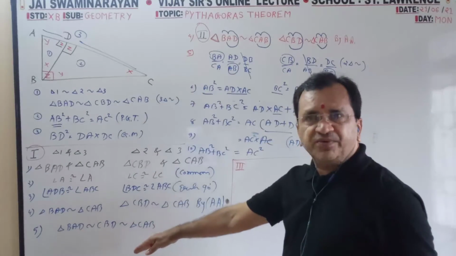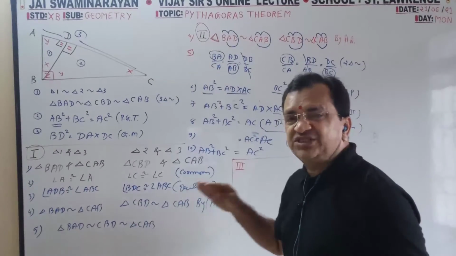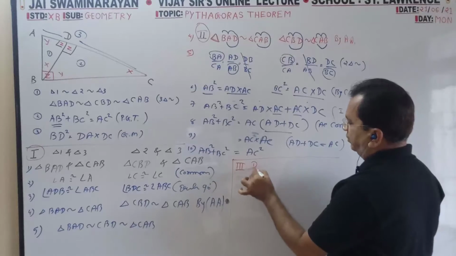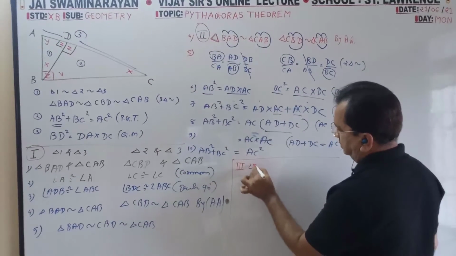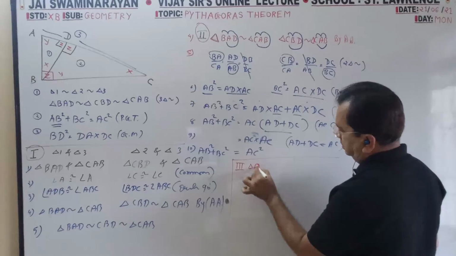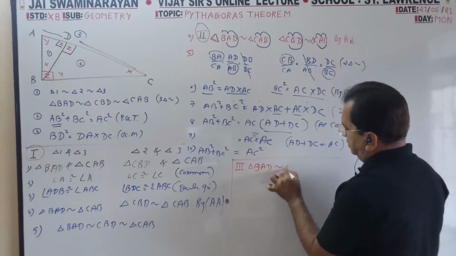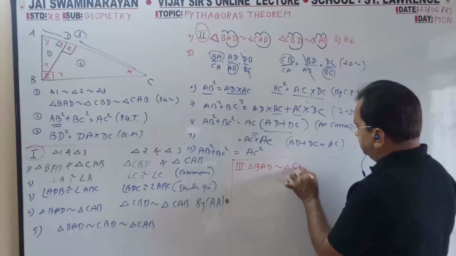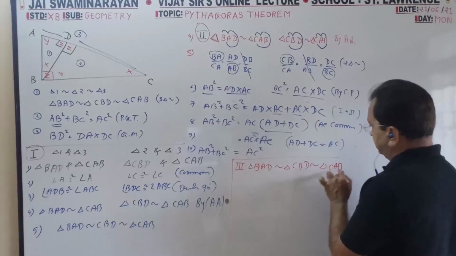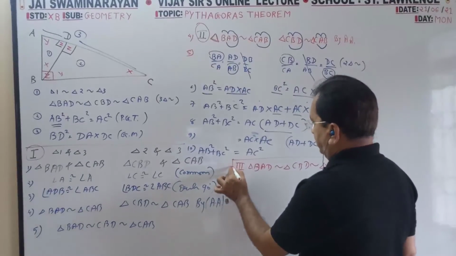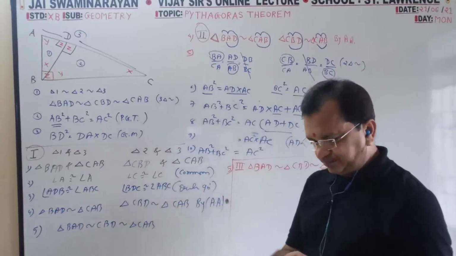For the third proof, up to 5 you have to write same to same. First triangle BAD, CBD, CAB. I am continuing from the fifth step.